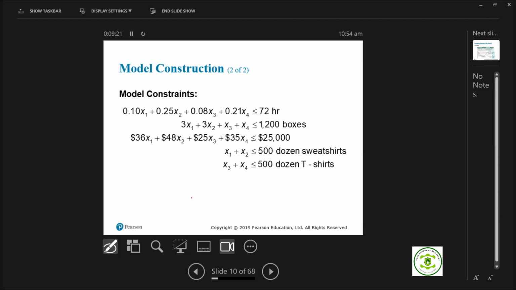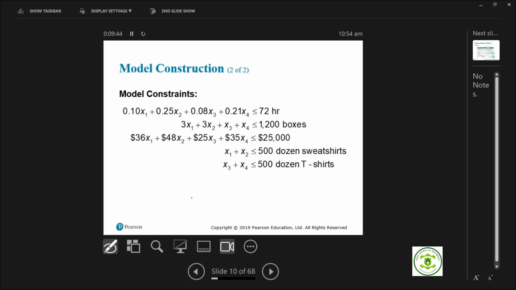So you don't have a problem. But the sweatshirts, they are 3 times heavier. So that's why you have 3X1, 3X2, the heavier ones, because they are 3 times heavier than these ones.